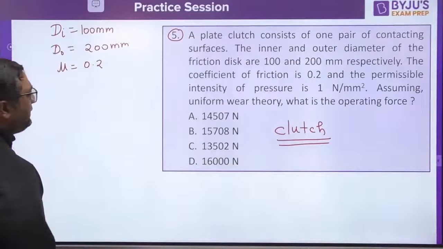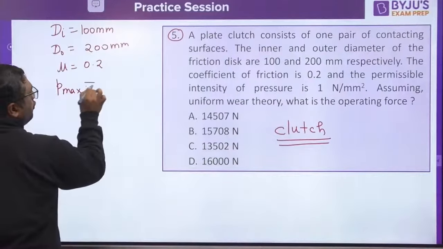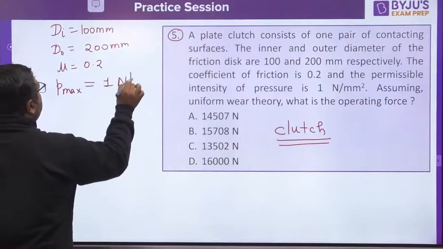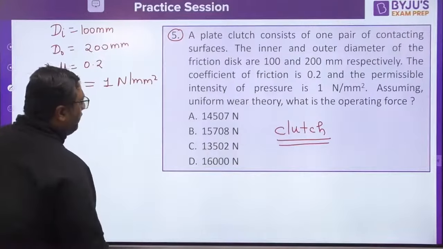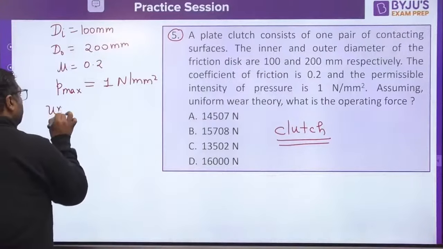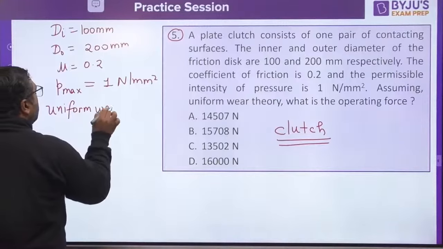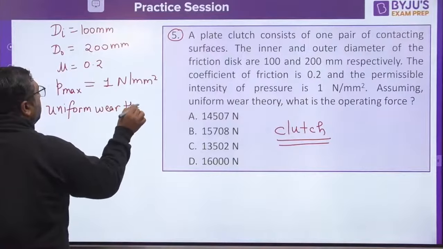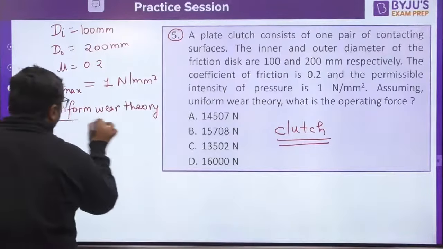The permissible intensity of pressure, that is P maximum, can go up to 1 Newton per mm square. Assuming uniform wear theory, you need to find out the force.